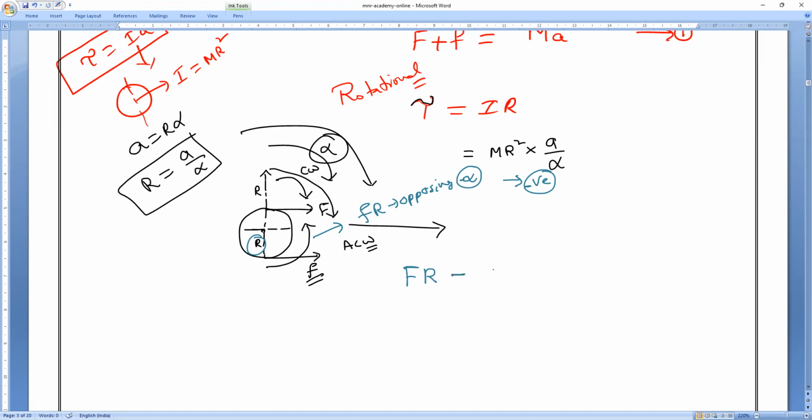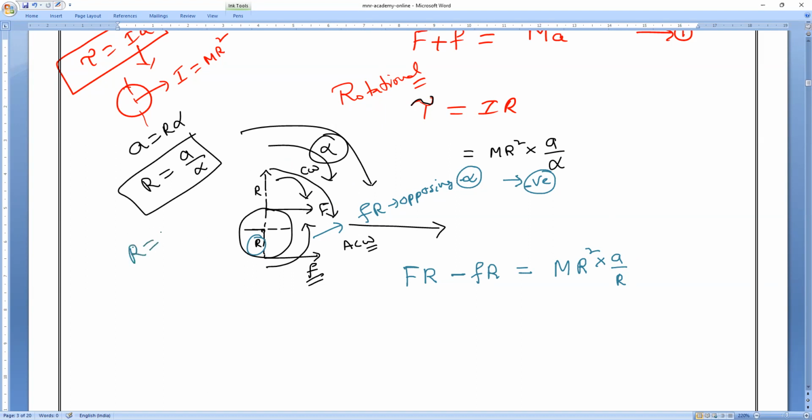Opposing means what do we have to take? Everybody? We have to take it as negative, which is equal to MR square into A by R. I have written alpha, but we want R only, alpha equals A by R. R is equal to what, guys? R is equal to, yes, please.